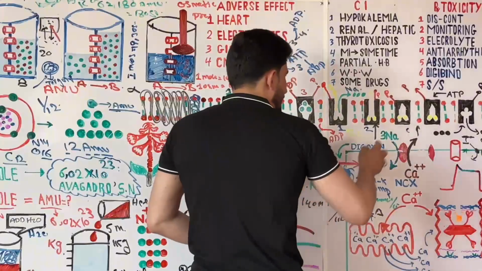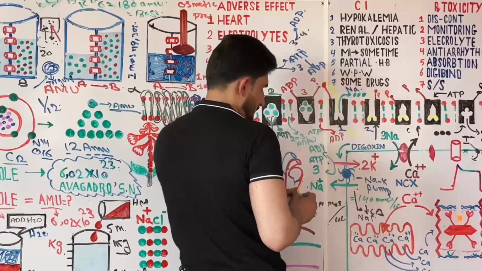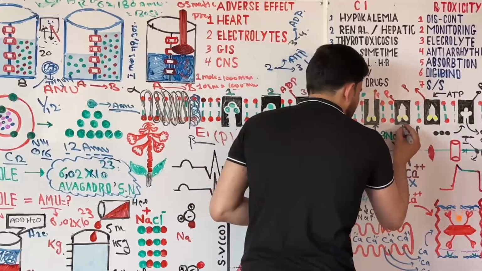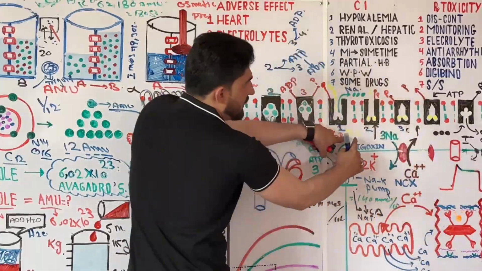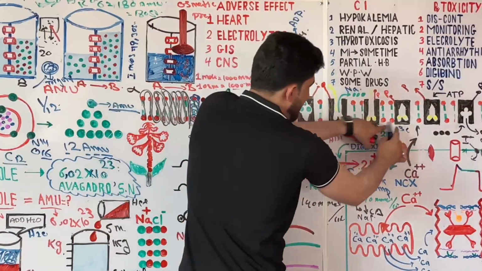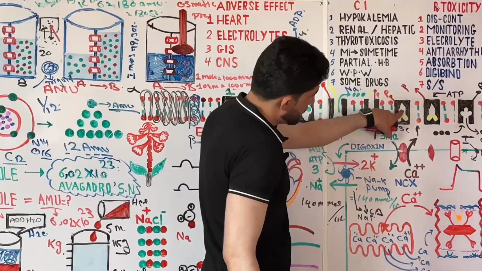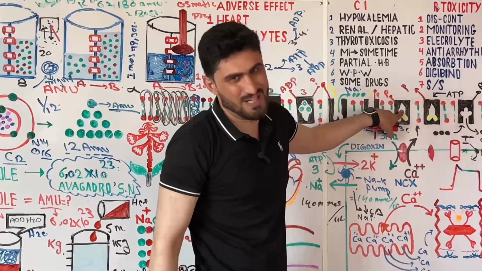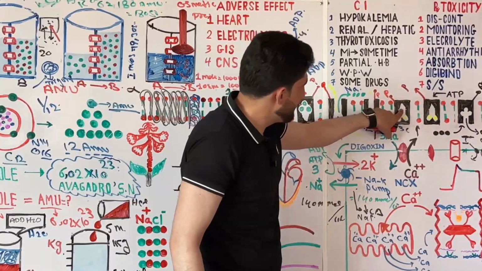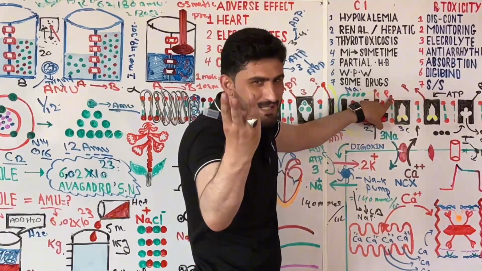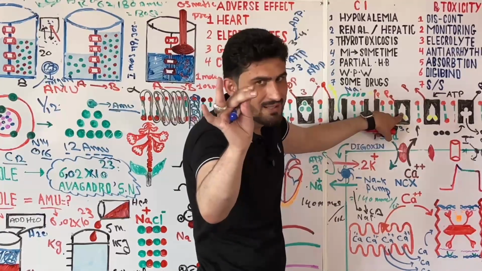Now in step 3 of E2 stage, this pump changes to an occluded stage, and it has phosphate plus occluded stage.